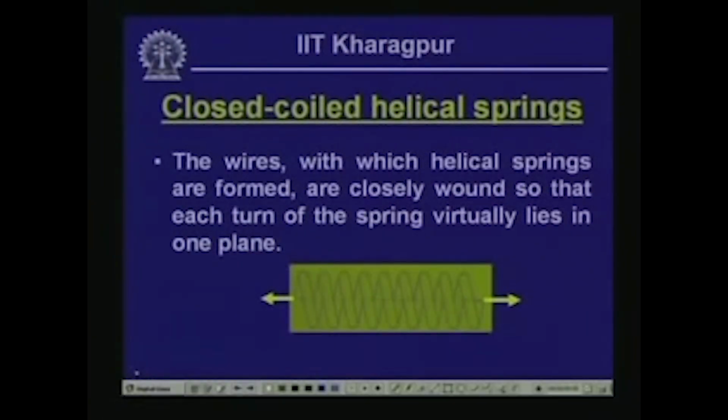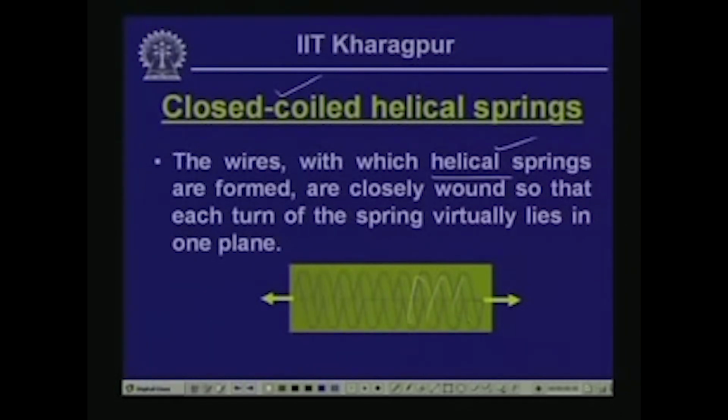Well, let us look into the behavior or the characteristics of closed coil helical springs. Why do we call this a closed coil helical spring? Basically, as you can see, this wire is forming a helix, so we call it a helical spring.